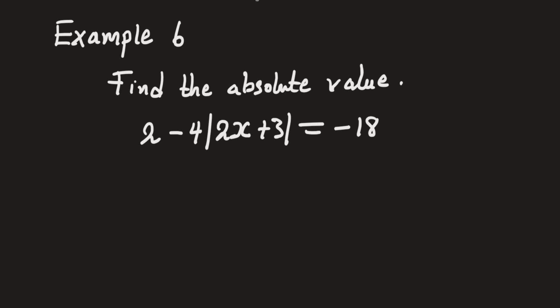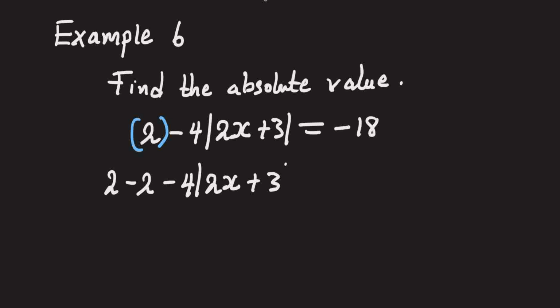So the first thing we are going to do is to get rid of these 2 by subtracting 2 from both sides. So this will become 2 minus 2 minus 4 times the absolute value of 2x plus 3 is equal to negative 18 minus 2.